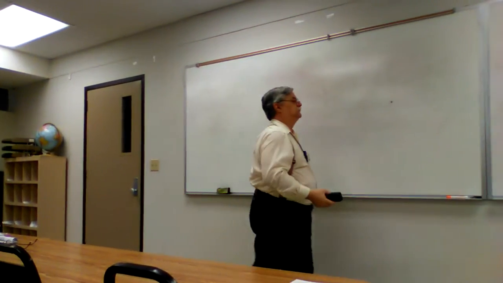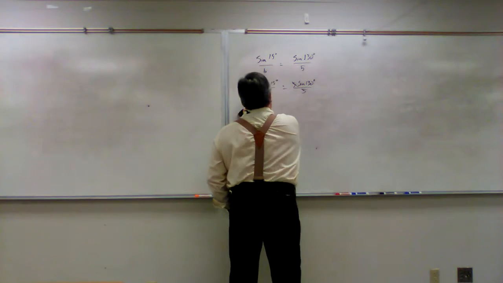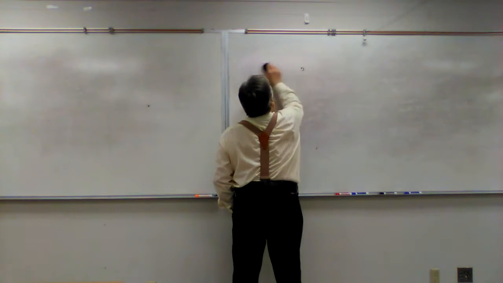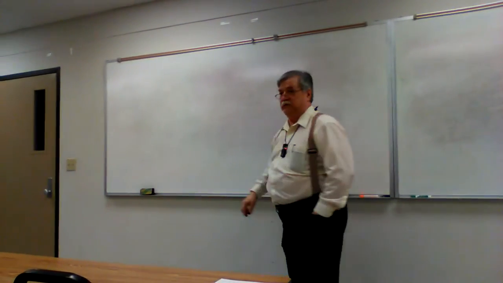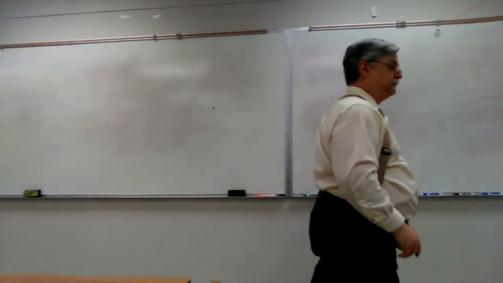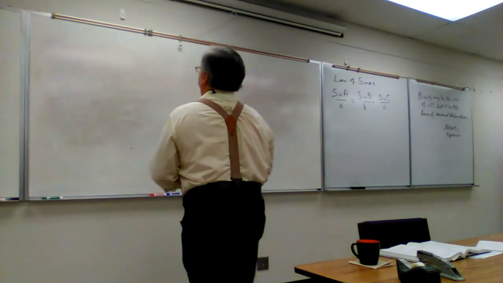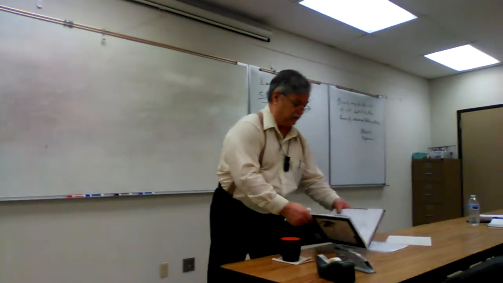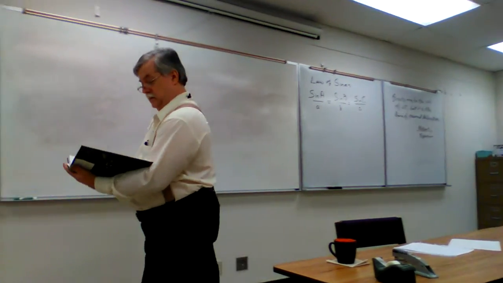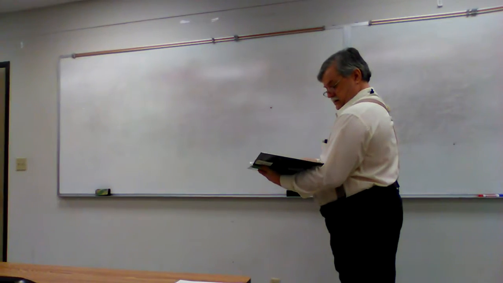Well, in fact, up to this point, we've been assuming that what we were looking for was in fact a triangle. But let me make sure I draw this correctly. They're talking about side-side-angle.